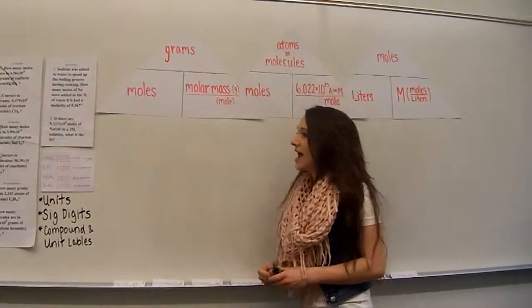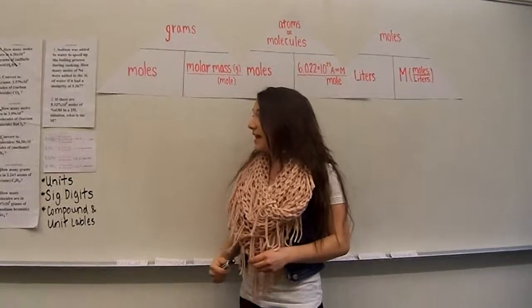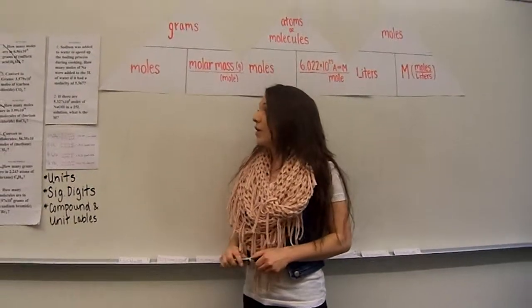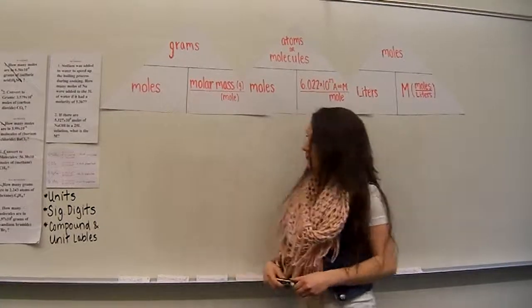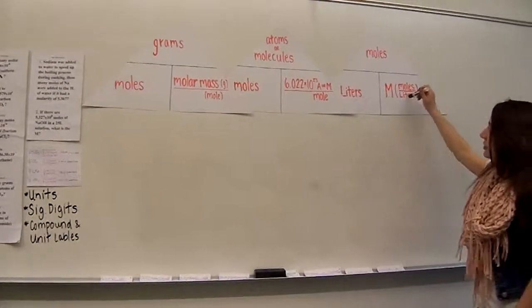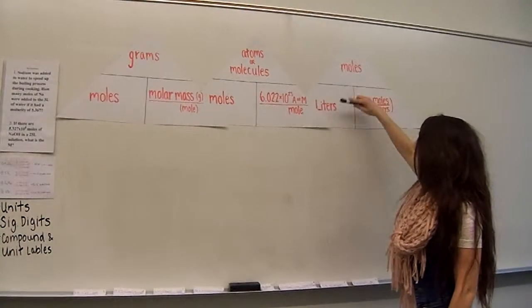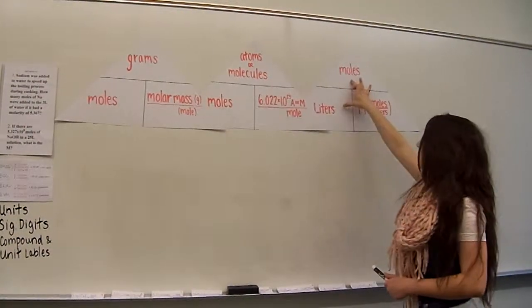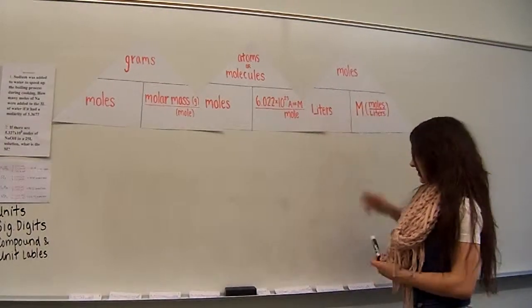This problem asks if there are 5.327 times 10 to the 8th moles of NaOH in a 25-liter solution, what is the molarity? We are asked what the molarity is, and then we are also given moles in liters. Therefore, we know that we will be dividing the moles by the liters to get the molarity.